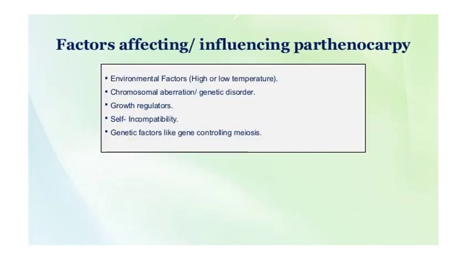So in this slide we are going to discuss the factors affecting or influencing parthenocarpy. Environmental factors: adverse environmental conditions inhibit fruit set and growth of several vegetable crops.